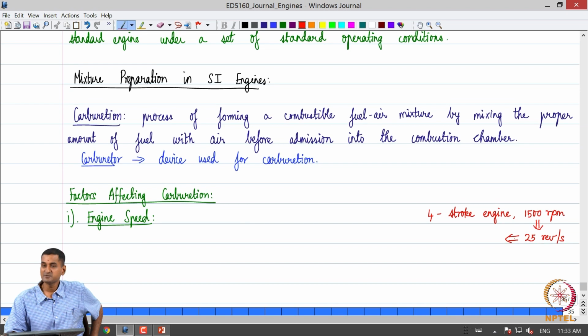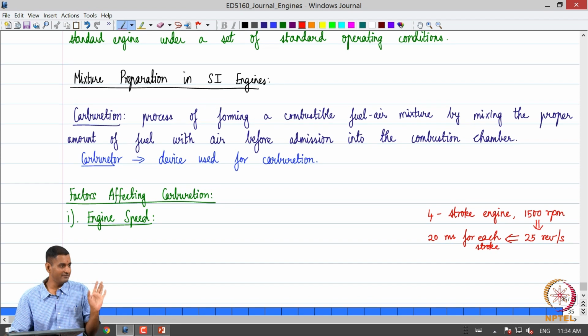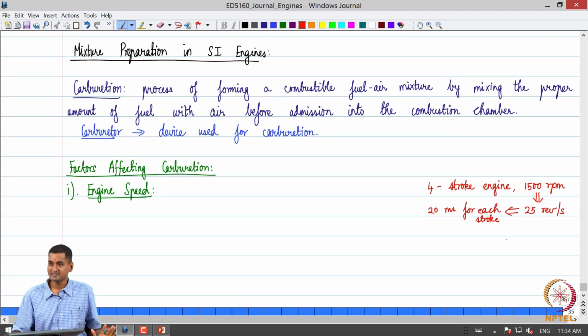So, one revolution will be 1 by 25, which is 40 milliseconds. In a 4-stroke engine, one cycle is completed in 2 revolutions of the crankshaft, so we would have around 20 milliseconds for each stroke, including the suction stroke, on an average.